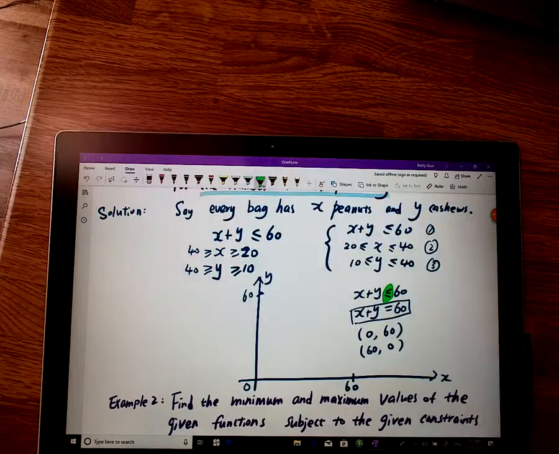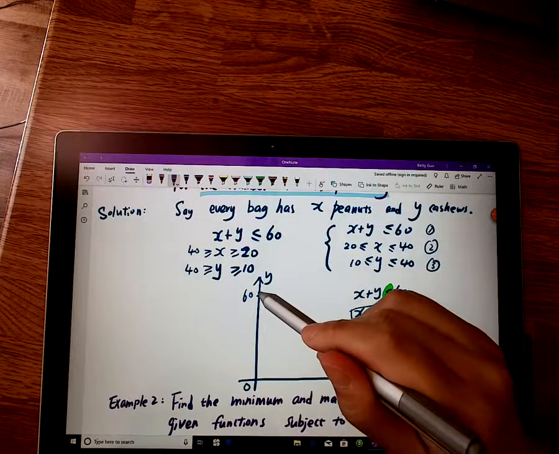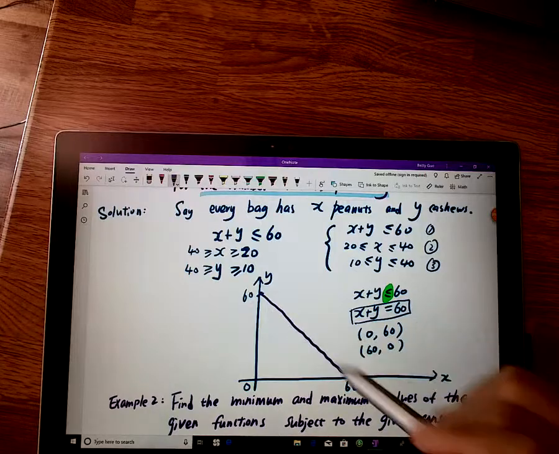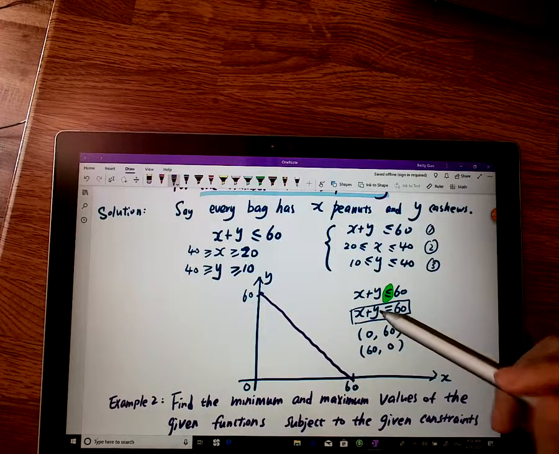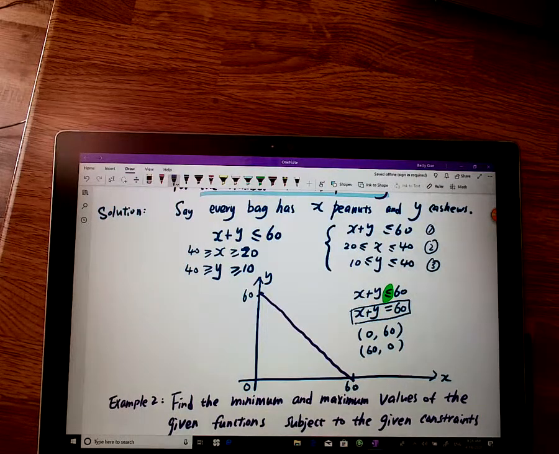So what color? Let me just use black. Connect them. So that's the boundary line of the solution set of inequality 1. We're still talking about number 1.